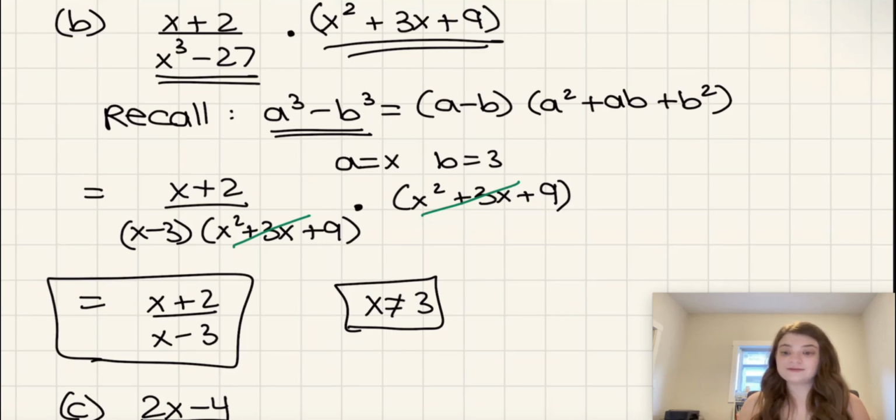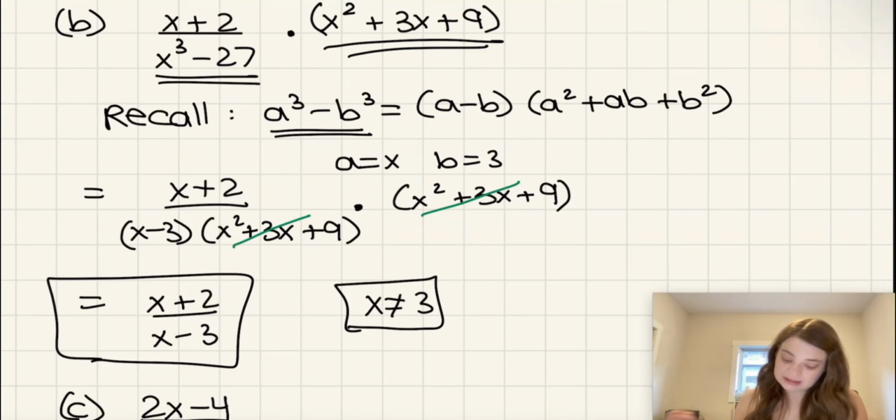And to prove it, let's find the discriminant of this quadratic, x squared plus 3x plus 9, and assuming that it is less than 0, that means that there are no solutions to the equation x squared plus 3x plus 9 equals 0, meaning that there's no other values in this overall equation that we can use.